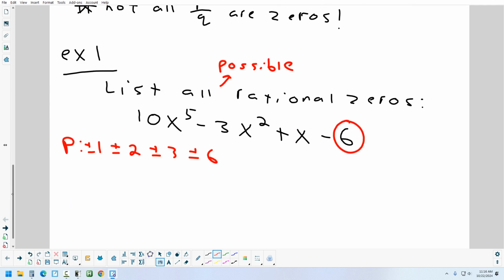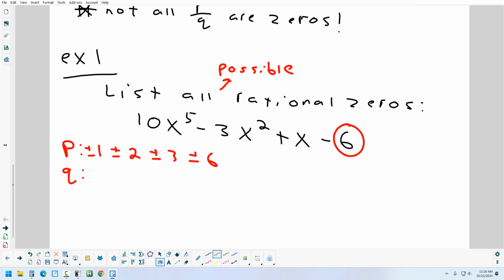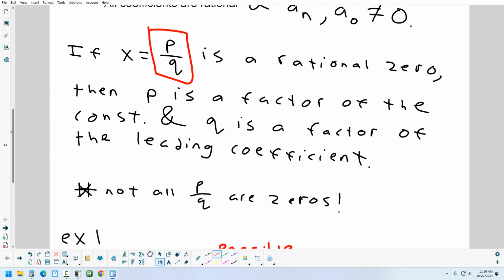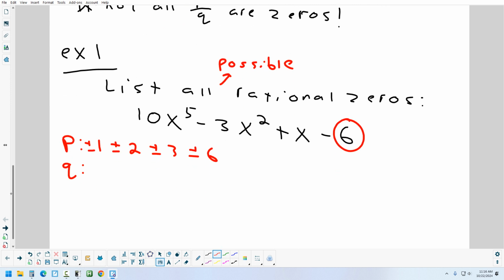Let's look at the denominator. Q is all the factors of the leading coefficient. What's the leading coefficient in this one? 10. What are all the numbers that divide into 10 without a remainder? 10 or negative 10, it doesn't really matter how you think of it. 1, 2, 5, 10, and the negatives.